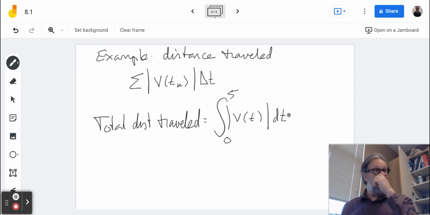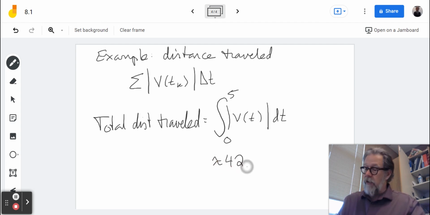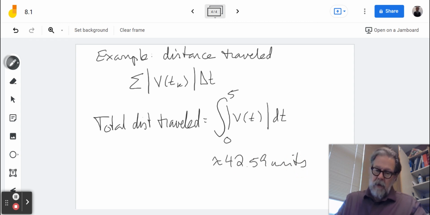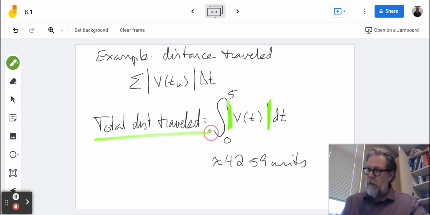And you can just plug this into your calculator, or you can find the anti-derivative and use the fundamental theorem of calculus. What you get is approximately 42.59 units. And the big thing to remember is do not forget absolute value symbols when you are talking about distance traveled.